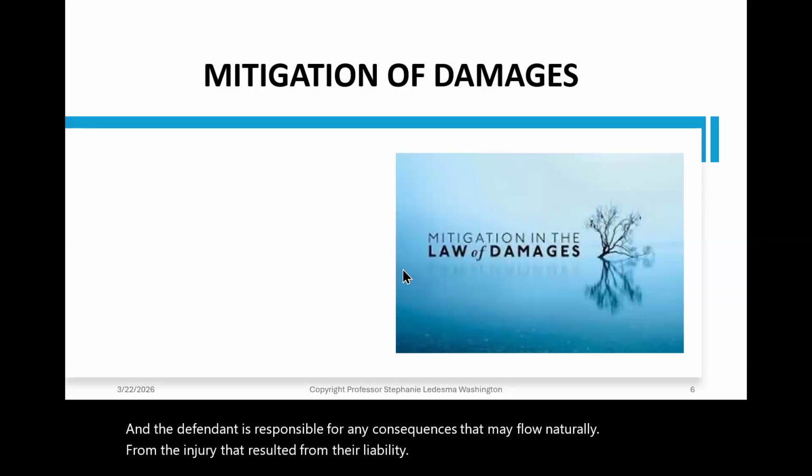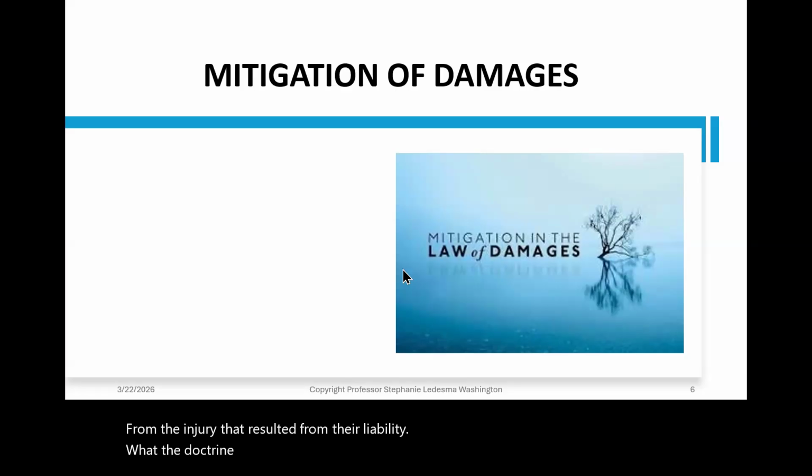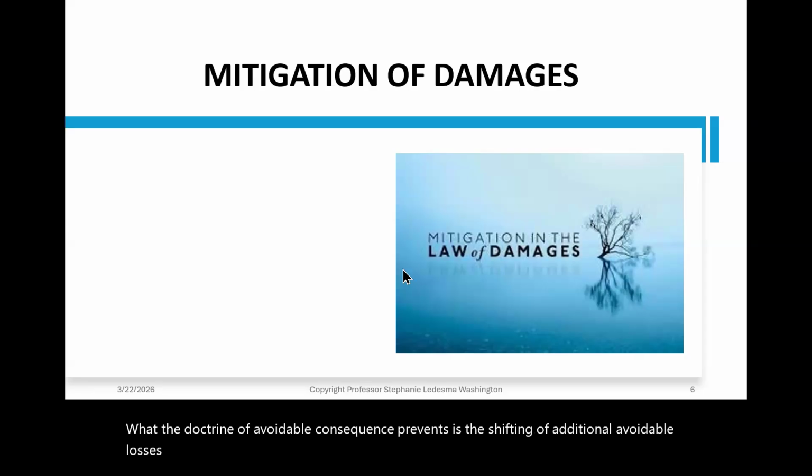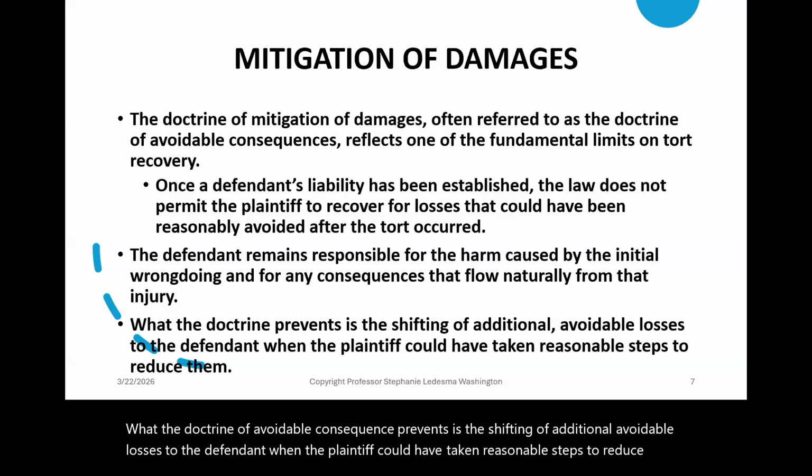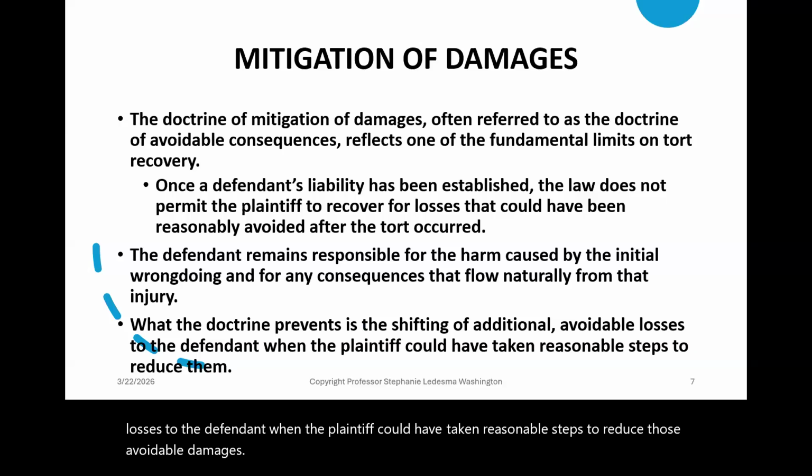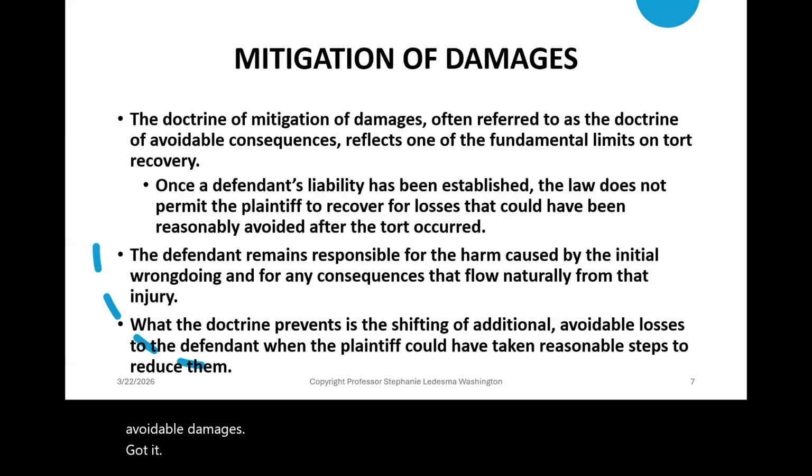What the doctrine of avoidable consequence prevents is the shifting of additional avoidable losses to the defendant when the plaintiff could have taken reasonable steps to reduce those avoidable damages. Got it? The principle of mitigation of damages, also known as the doctrine of avoidable consequence, right?